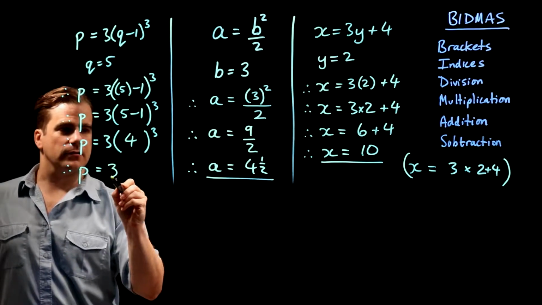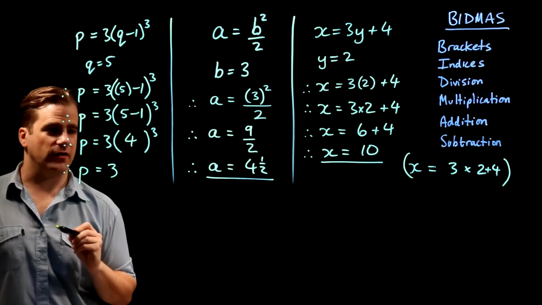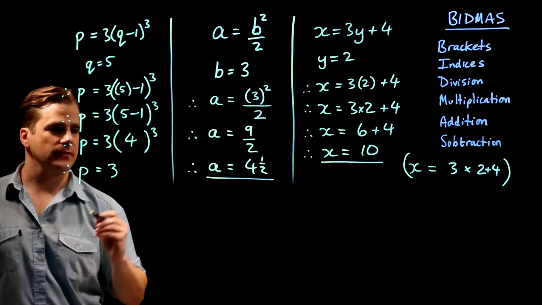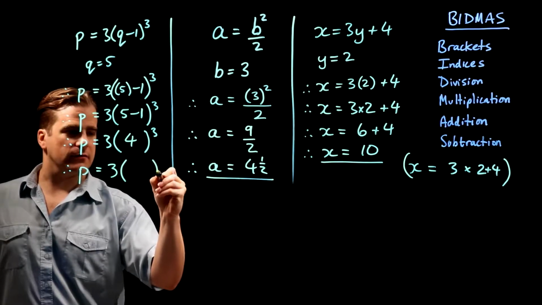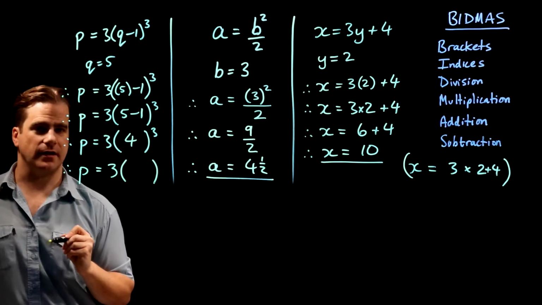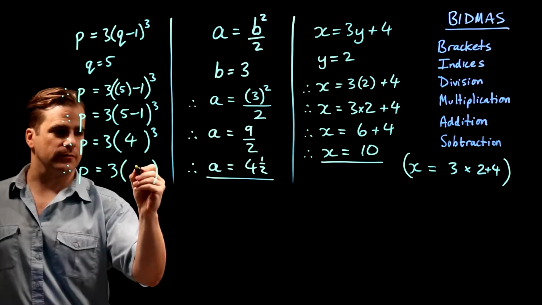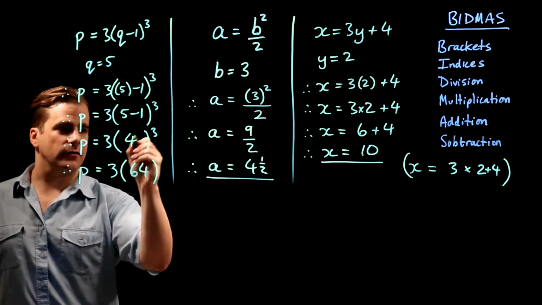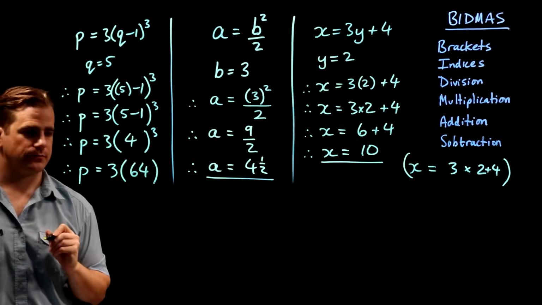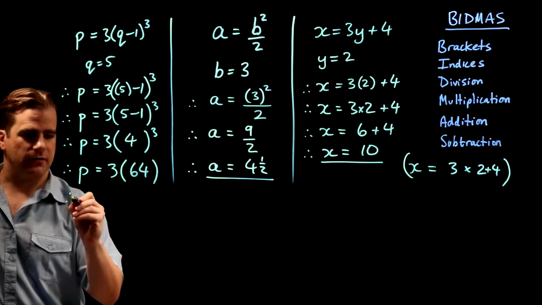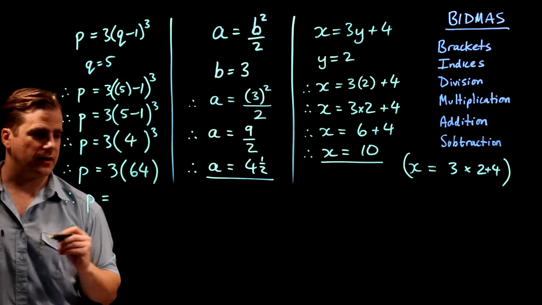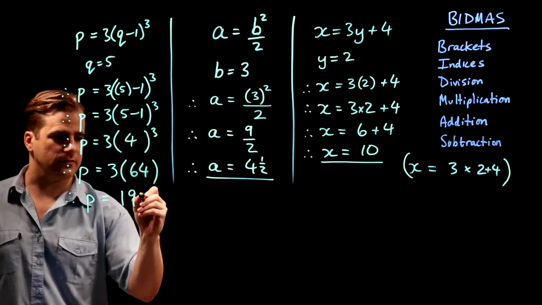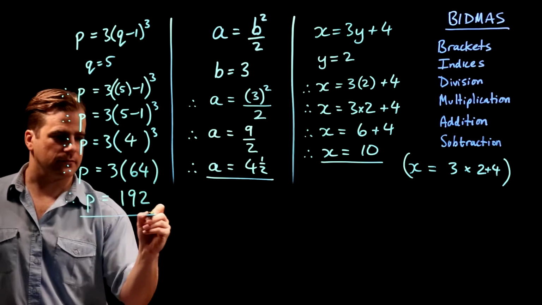So we do 4 cubed first. Well, 4 cubed, 4 times 4 is 16, times 4 again is 64. So 4 cubed is 64. So therefore, P is equal to 3 64s, which is 192. Okay?